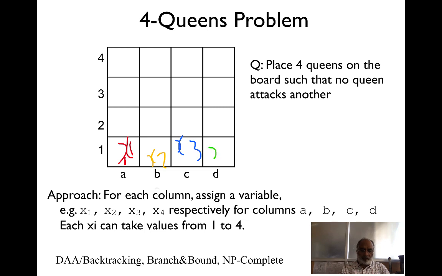And for column 4, we define the tuple variable x4. And then we see what the values are. x1 can take value 1, 2, 3 or 4. Similarly, variable x2 can take 1, 2, 3 and 4, and that will assign the values. Let's take this example, and see how we build such a tree.